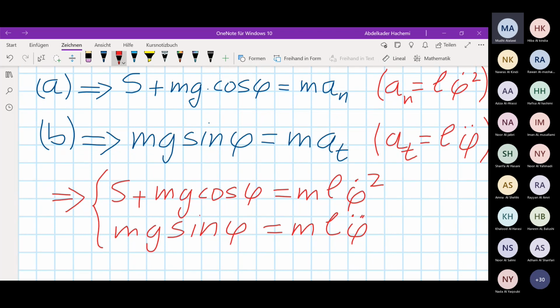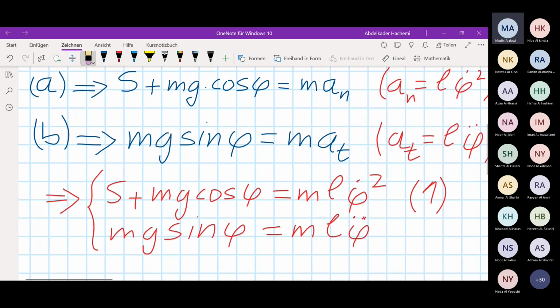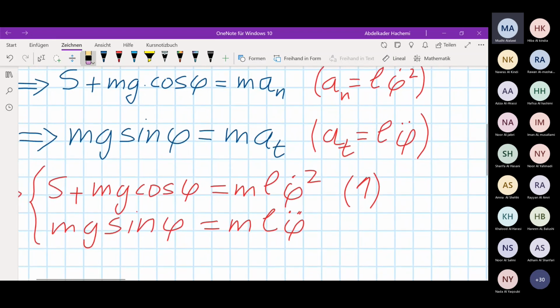These are the two equations, this is what we get from Newton.